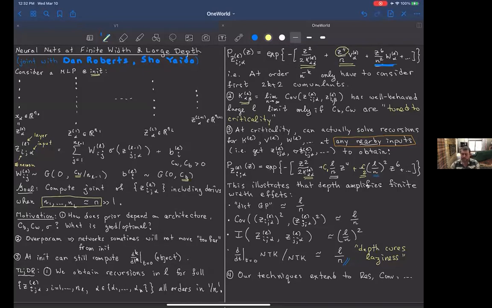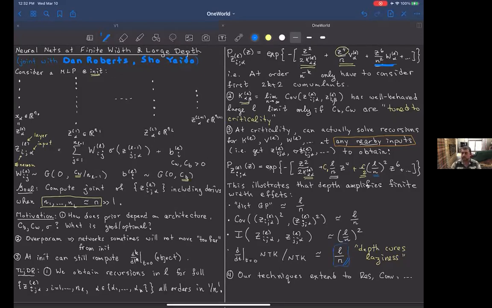There are some things which I haven't written here, which say that if depth over width is too big, then you'll run into problems like exploding and vanishing gradients. You'll just have too much fluctuation and everything's going to be bad. So L over N big is not a good regime. But L over N small is not a good regime either, basically because of estimates like this one.